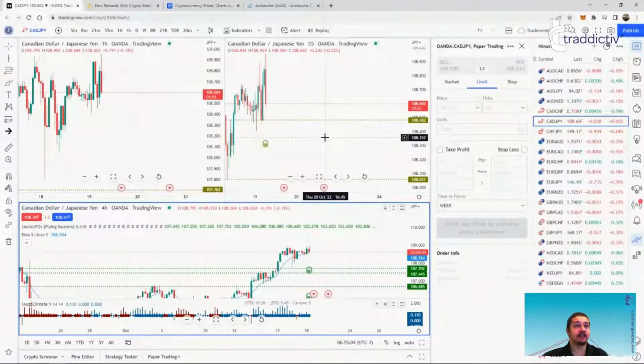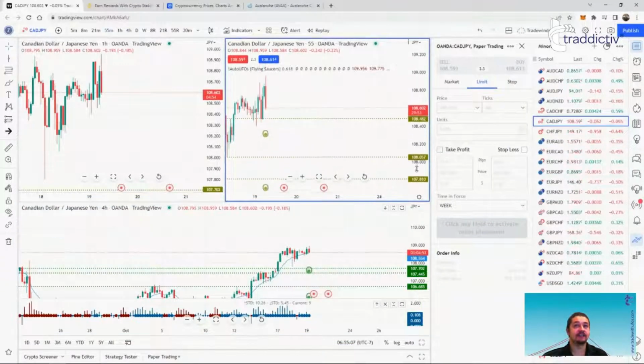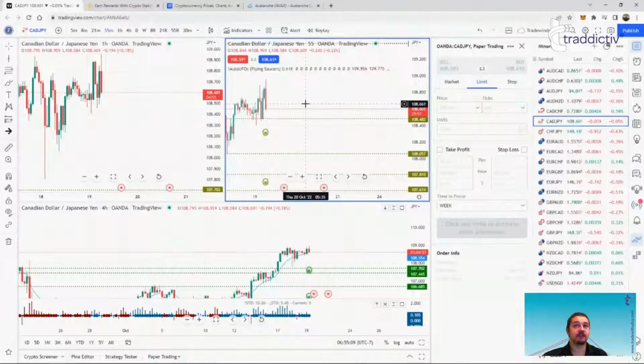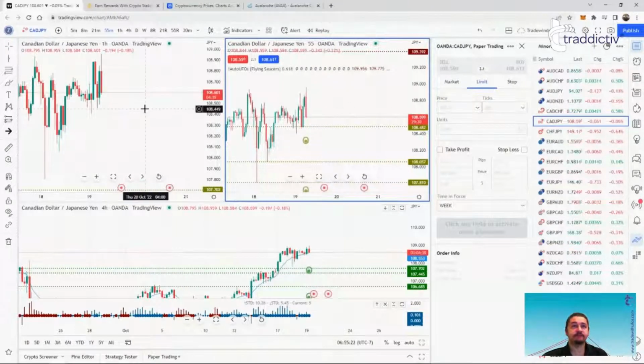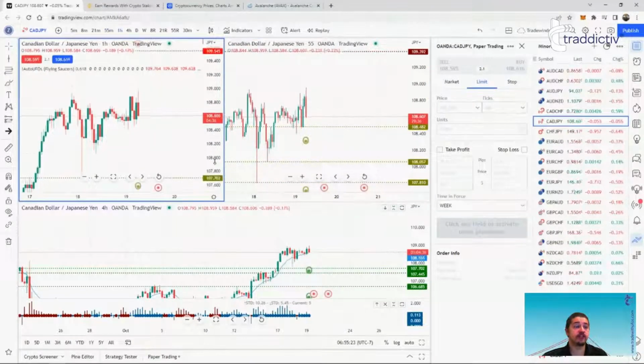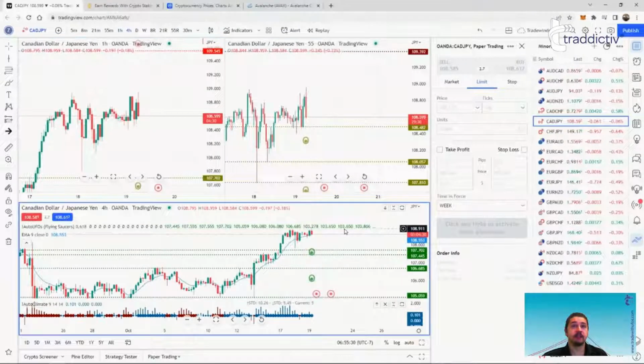All right. CAD yen is an interesting pair. Of course, a lot of these is also going to have to do with volume, how much volume is in these, liquidity wise, spread wise. What you will see on your broker side is most likely, and I would say probably will be different from what I see on mine.